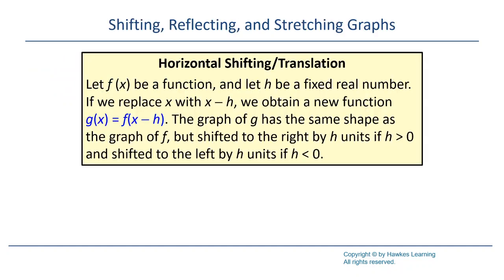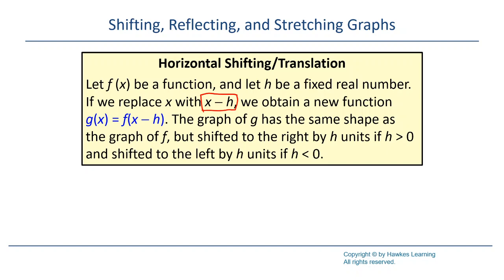So, first thing, horizontal shifting and translations. The key thing here, and this is what's really a little backwards to most people, just because of the way you think of a left and a right. We tend to write it as x minus h. And the reason we use minus h is because if you use plus, then you have to start messing with a lot of stuff and it's not as easy.